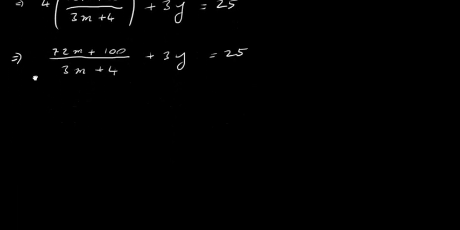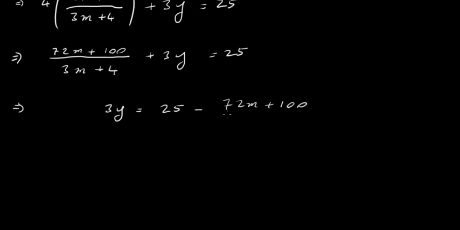Okay, now I want to get the 3y on its own first. So that'll give me 25 minus 72m plus 100 divided by 3m plus 4. Let's keep going. I'm just going to divide by 3 now, so divide all the terms by 3.